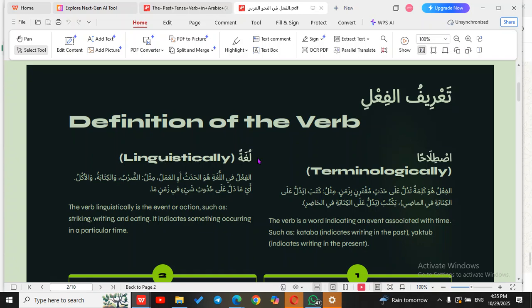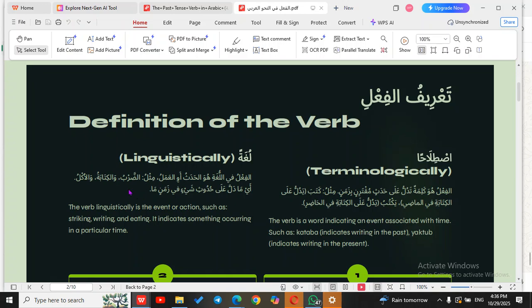So the first one we are going to read is lugatan, ta'riful fi'l lugatan, definition of the verb linguistically. Al-fi'lu fi lugati huwa al-hadasu aw al-amalu. The verb linguistically is the event or an action.